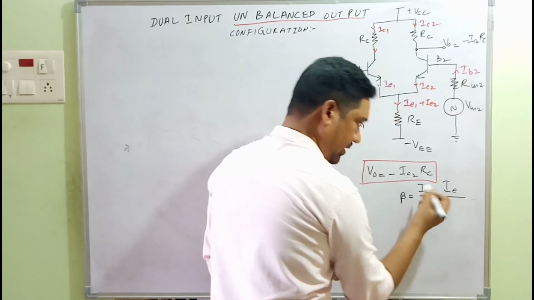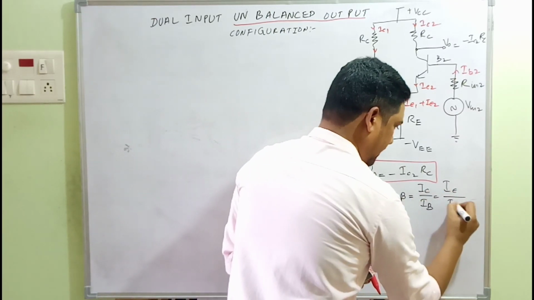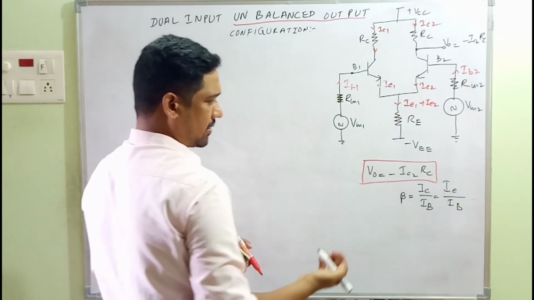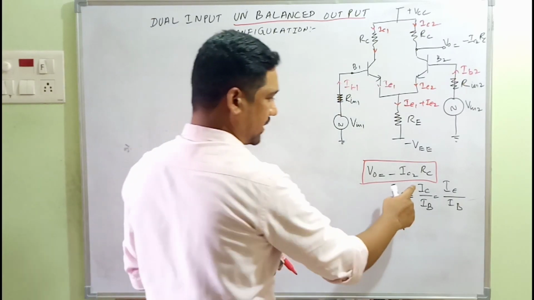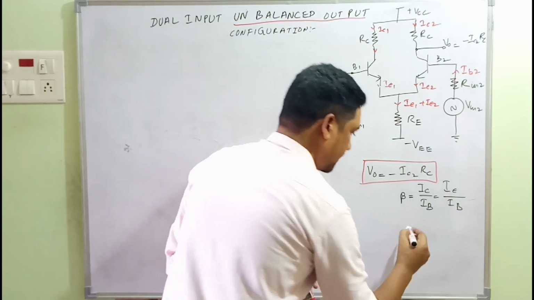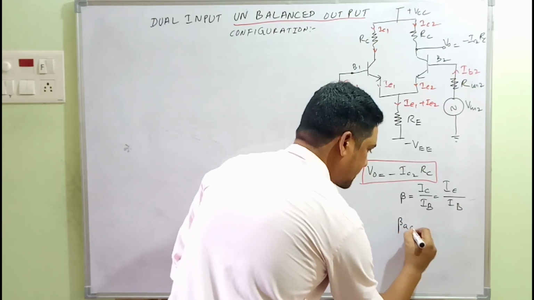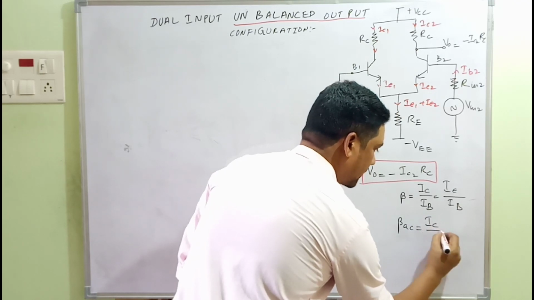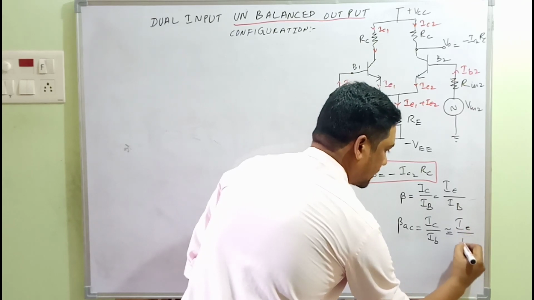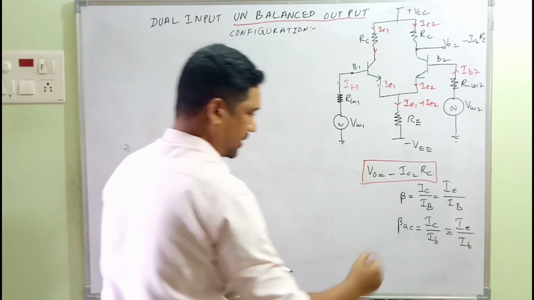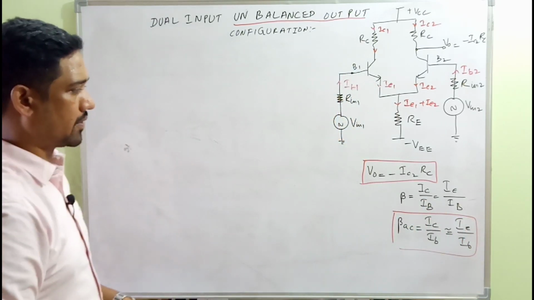So remember this ratio is correct for beta. In the place of IC we can plug in IE. Beta AC will be equal to IC upon IB, approximately equal to IE upon IB. Even this is true, guys, we can make use of this one. One is for DC and this for AC, right?